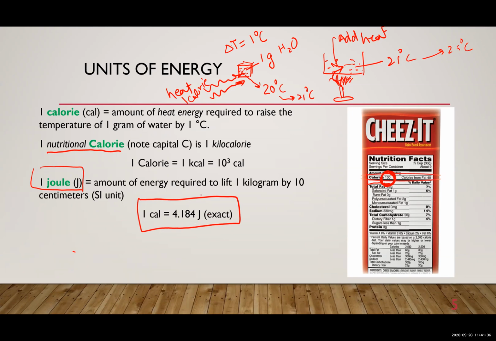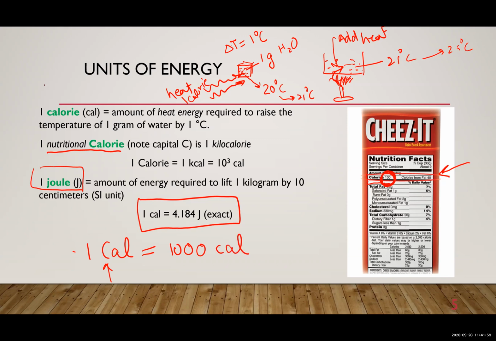Now the nutritional calorie, which you see on food items such as this one, is written with an uppercase C. So this is a nutritional calorie because this is an uppercase C. A nutritional calorie is equal to 1000 normal calories.